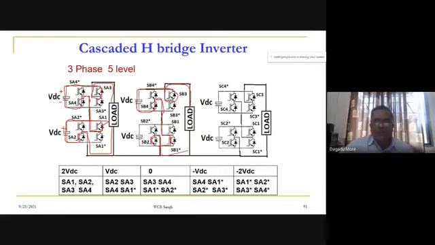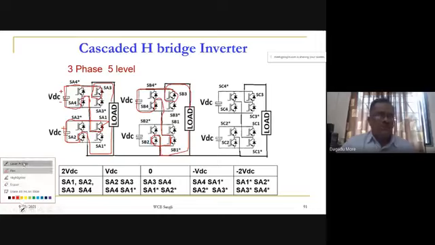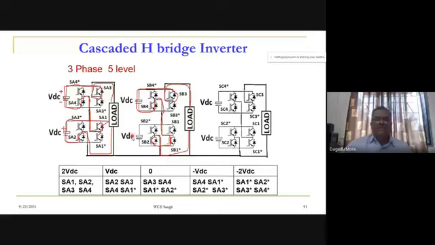So here what it shows is that the lower DC voltage source is bypassed. So this is not connected across the load here. In case of VDC, this is not connected across the load, but only this one is connected across the load because the lower two devices, SB1 star or SA1 star and SA2, these two are on.